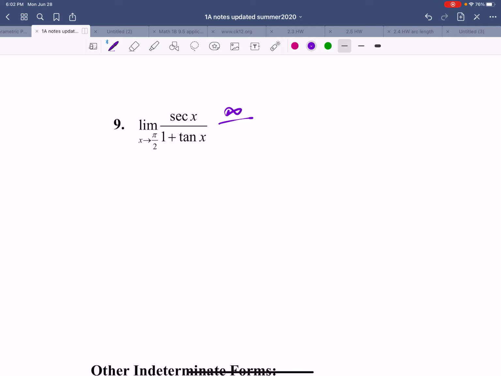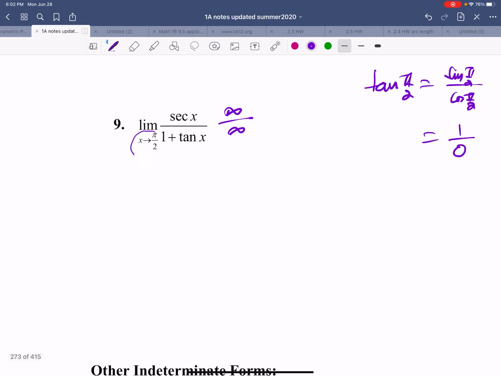Same thing, tangent pi over 2 is sine pi over 2 over cosine pi over 2. Sine pi over 2 is 1. Cosine pi over 2 is 0. 1 over a really large number is going to be infinity as well.